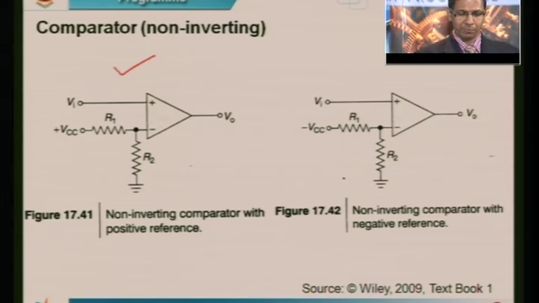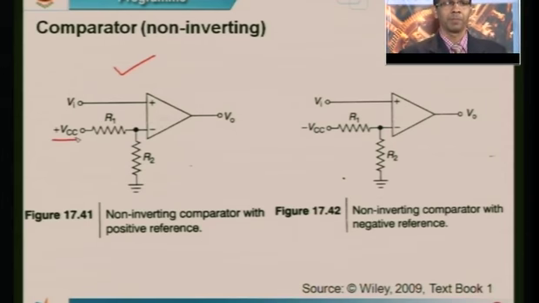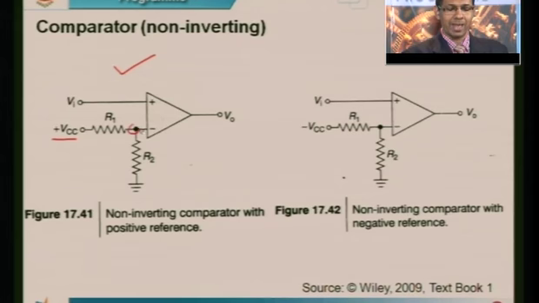Now this positive reference voltage here, VCC, is applied at the inverting pin through R2 and R1. So effectively, can you tell what is the voltage we are experiencing at the inverting terminal? Exactly, this is a voltage divider circuit.